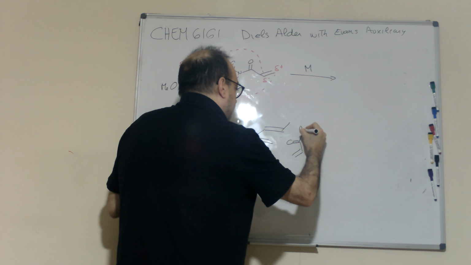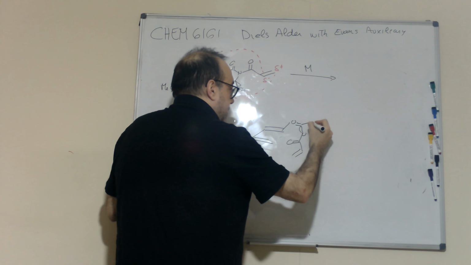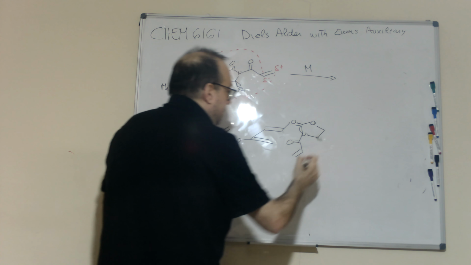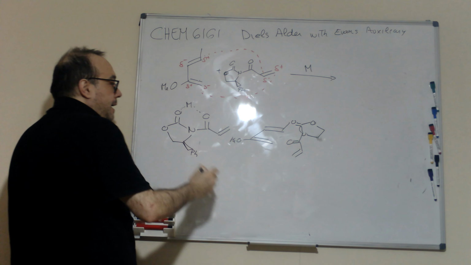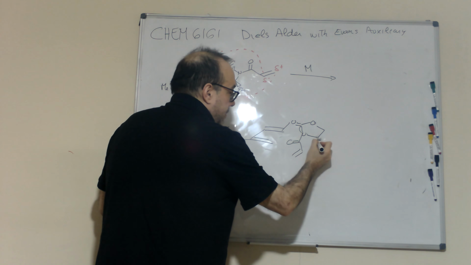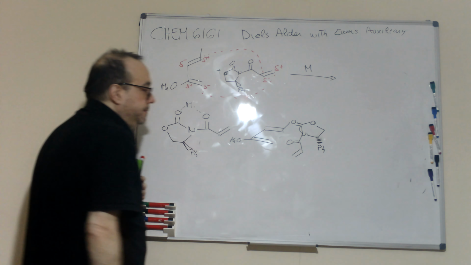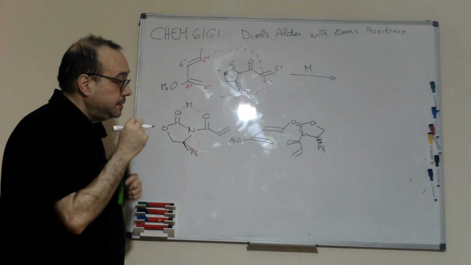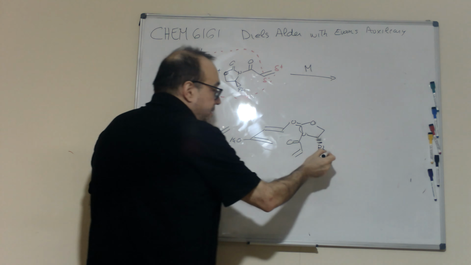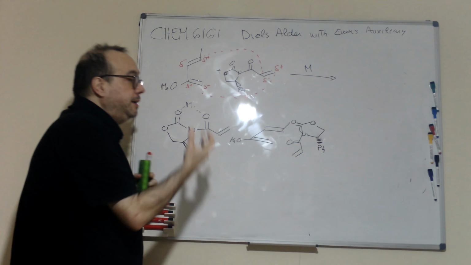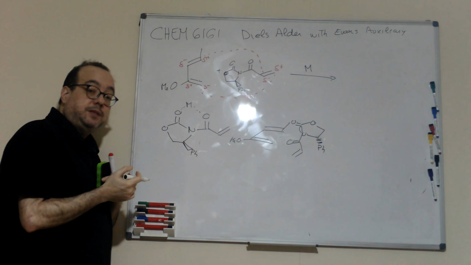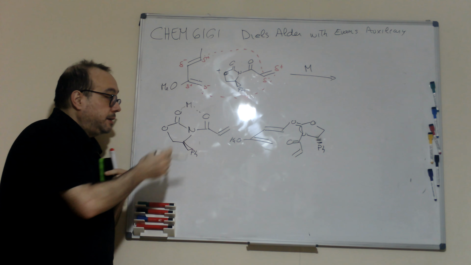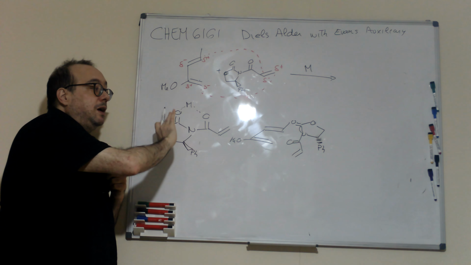That means I will draw here the oxazolidinone, and I put the chirality. This oxazolidinone is blocking the lower face. The only thing that I did is to turn this 180 degrees.